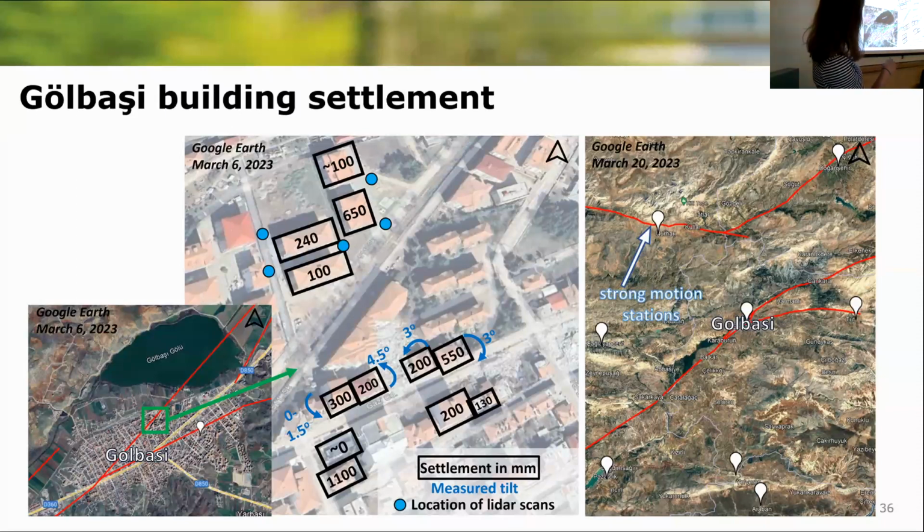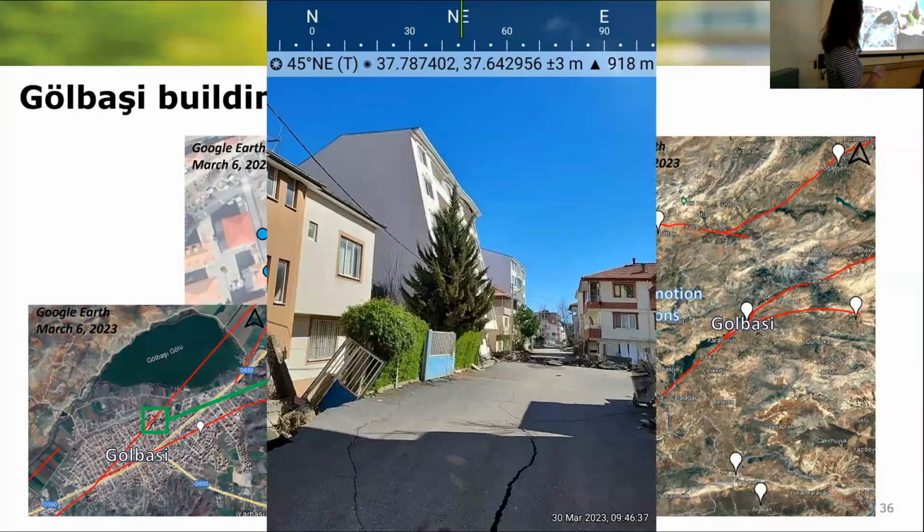Our team just looked at a very constrained part of Gulbashi here, but we surveyed building settlements and tilts throughout Gulbashi, and I think there were about 13 buildings that we looked at. So here's an example, just looking down a street in Gulbashi. You can see the range of performance that occurred.